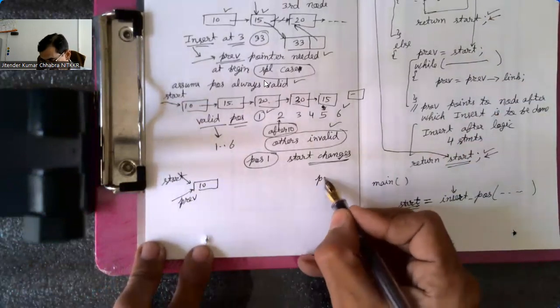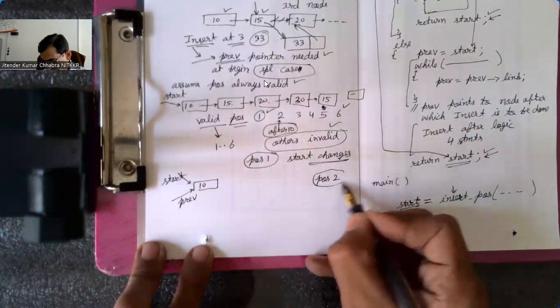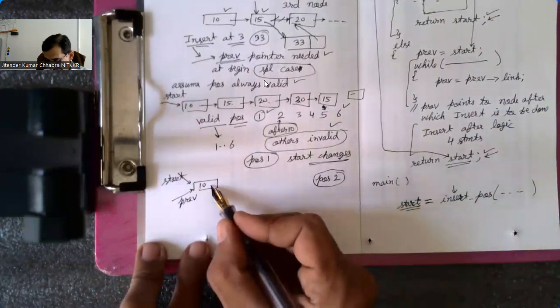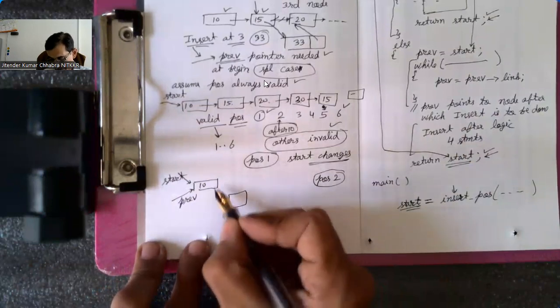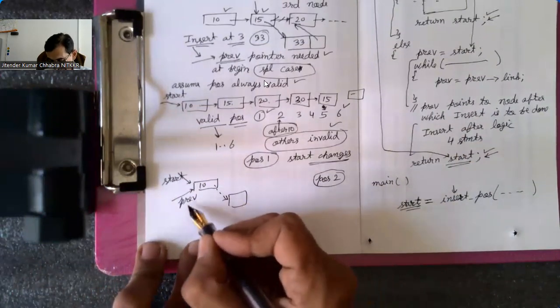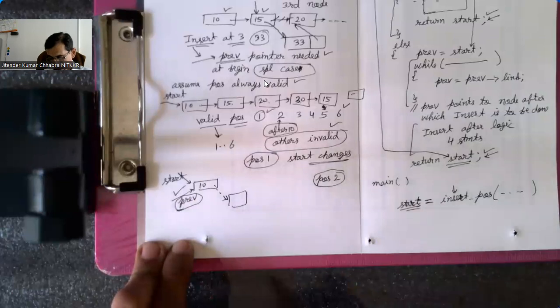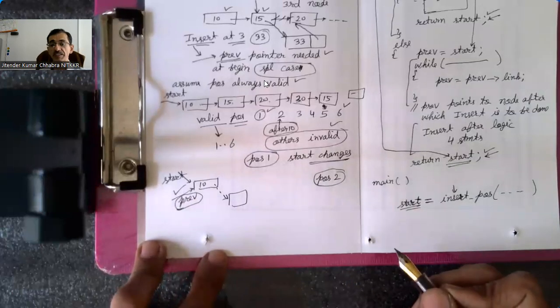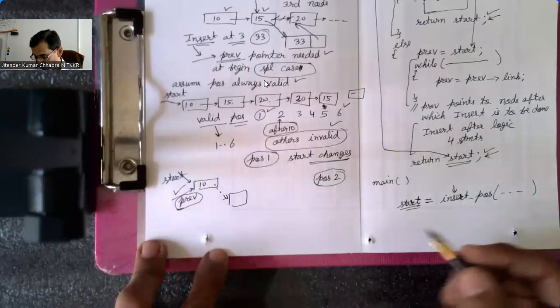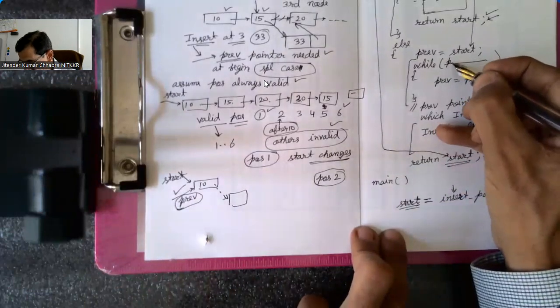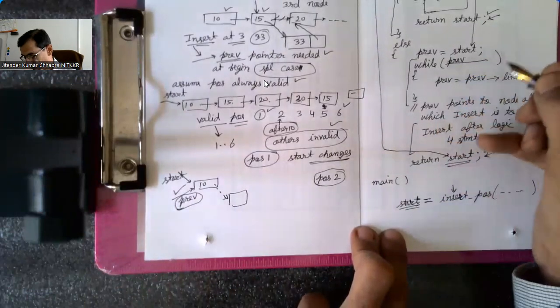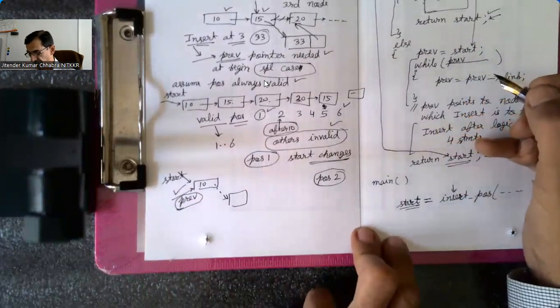Let's think if position was 2. Position 2 means after 10 insertion is to be done somewhere here. That will mean my previous pointer is correct. Previous should not be shifted at all. So in this case, no shifting is to be done. Otherwise, I need some shifting.